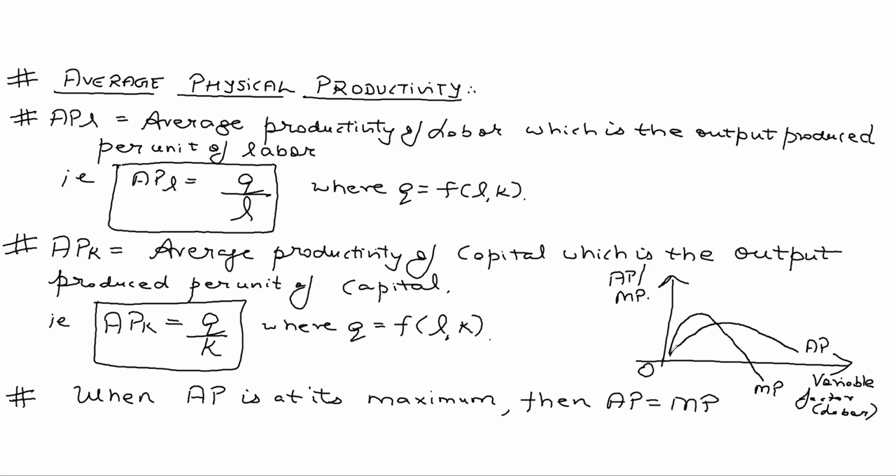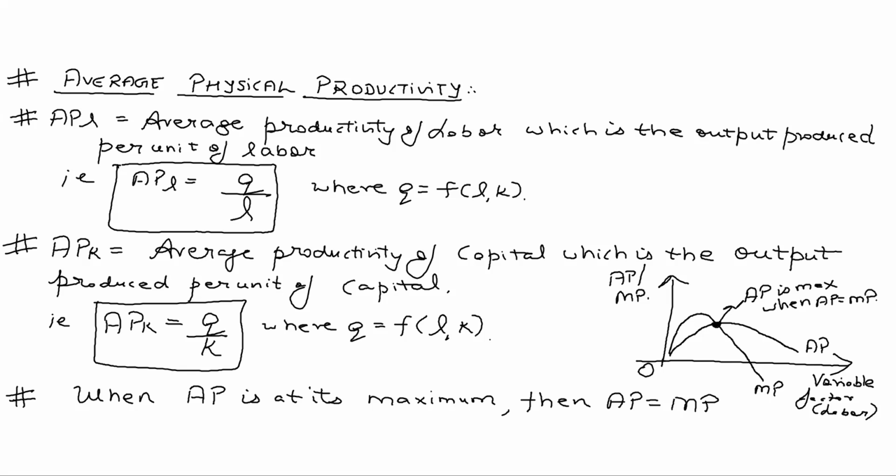Average product and marginal product. Okay, so you can see that when AP is maximum, AP is equal to MP.